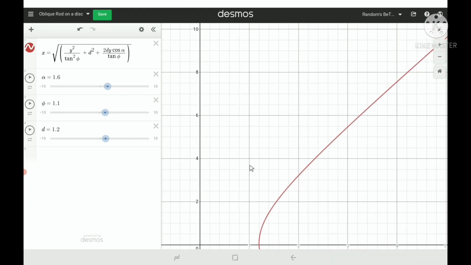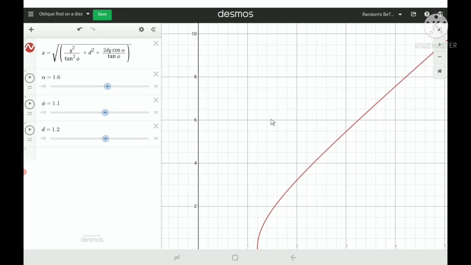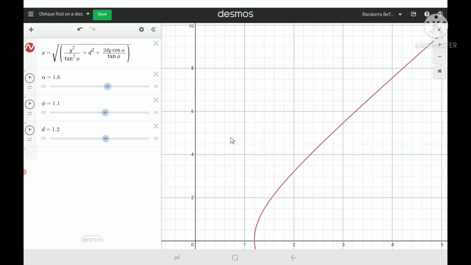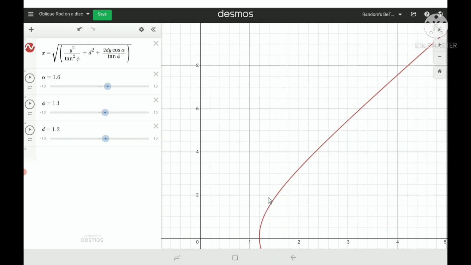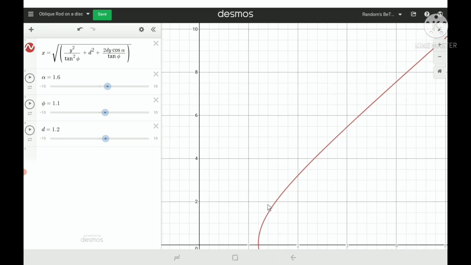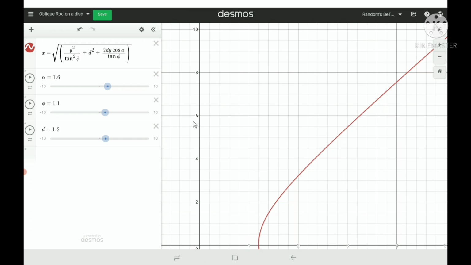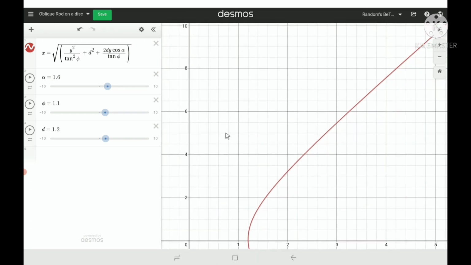Our rod extends along the positive y axis and along the positive x-axis, not the negative x-axis. So let's consider only this part, not the lower part. So this should be the graph.